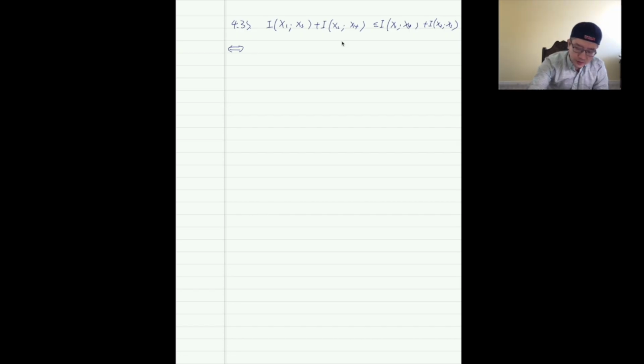Just write this down in terms of entropy, and x2. When we do this expansion, we need to make sure that we cancel terms as much as possible. Therefore, for the first one, we focus on x1 and x2.